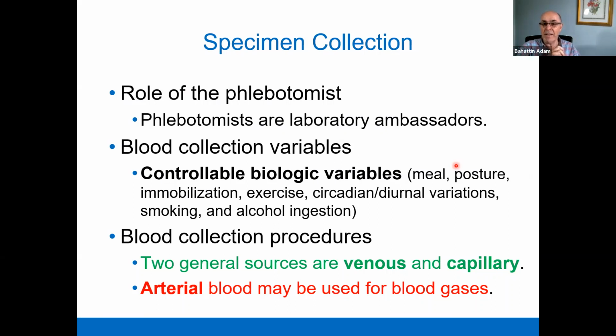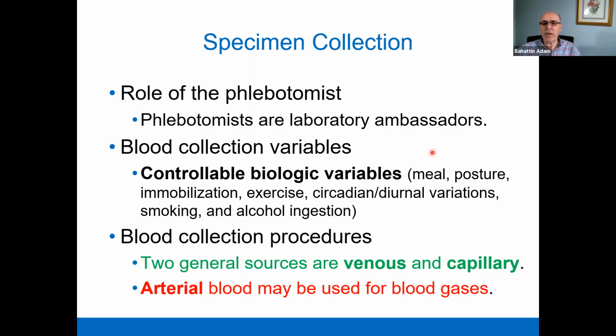They play a crucial role in collecting specimens, and therefore their knowledge and experience in how to collect specimens and how to transport them to the lab for processing is important.